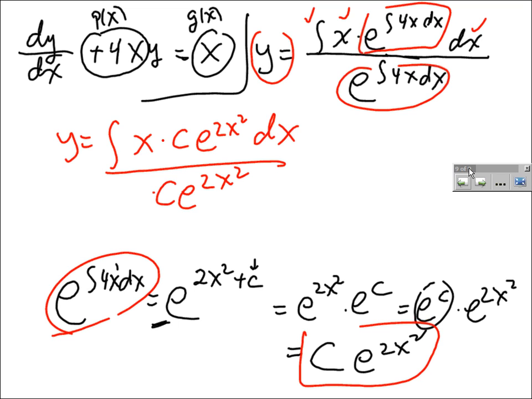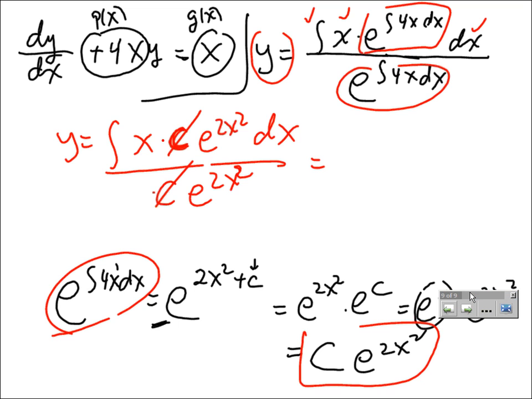Now, I haven't said this yet, but you cannot do that. That you can't do. But you can do it with the constants, because this c here can really come out in front of the integral sign. And then they cancel. The one on the top and the bottom cancel.